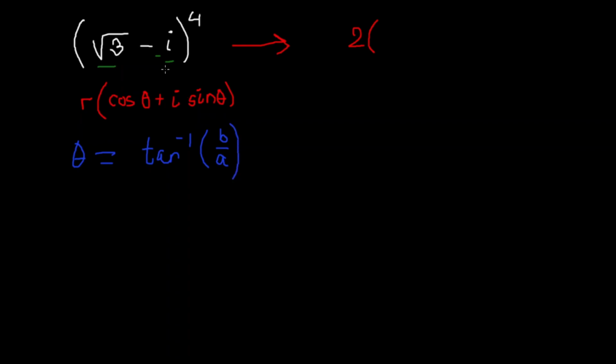As we know, b is the imaginary part and a is the real part. So we're finding the arctangent of radical 3 over 1.